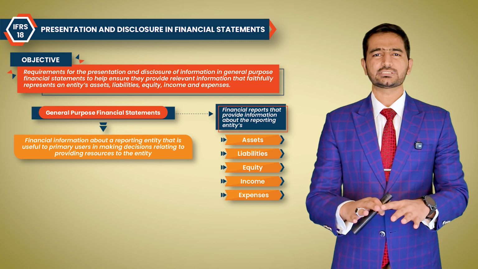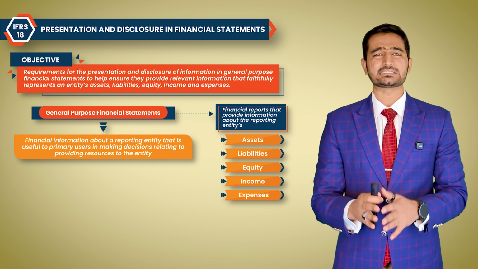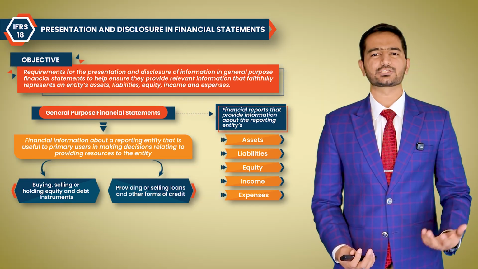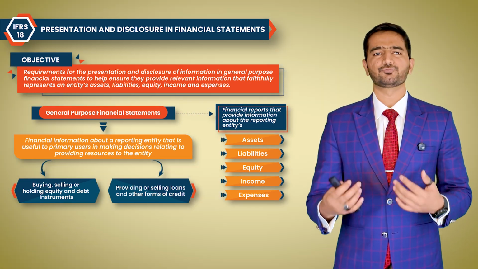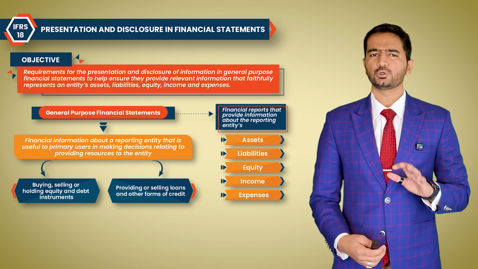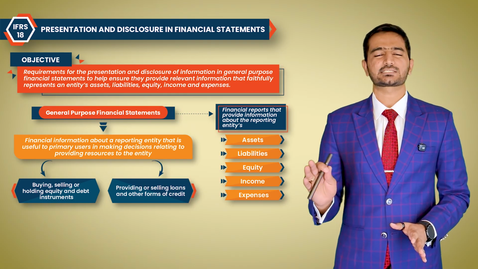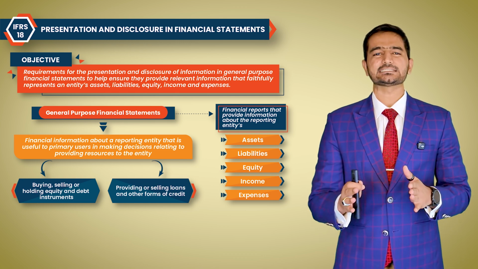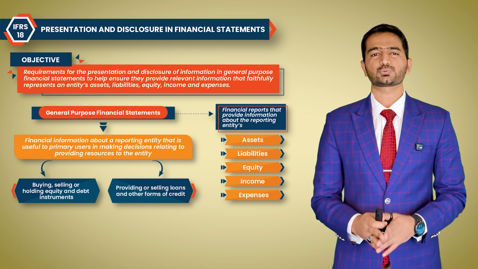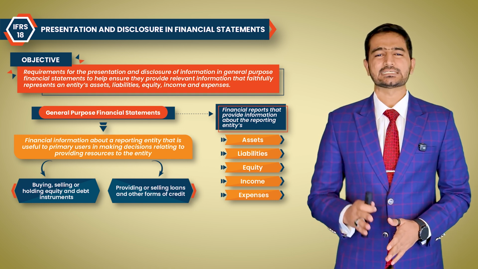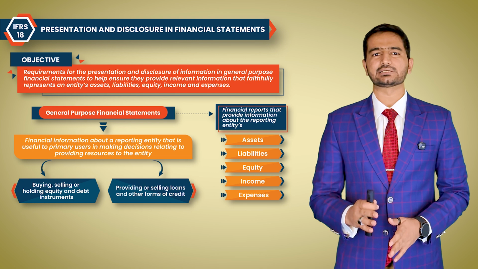So the people using these statements need to make big decisions whether to invest, lend money, or provide resources based on what's in front of them. No behind the scene WhatsApp chat with the CFO, no late night Excel files, just these statements. That's why IFRS 18 is important. It ensures these statements speak clearly.